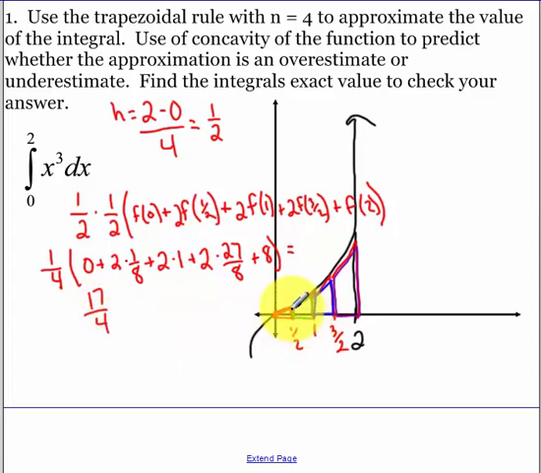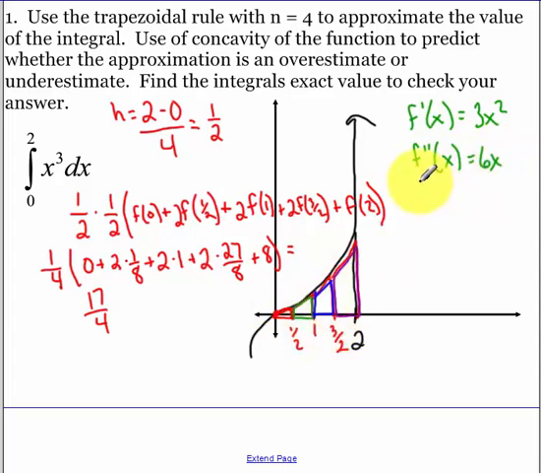Now again, remember to figure out whether or not it's an overestimation or an underestimation, we look at the concavity of our curve. So our first derivative would be equal to 3x squared. Our second derivative, which is where we look for our concavity, is 6x.